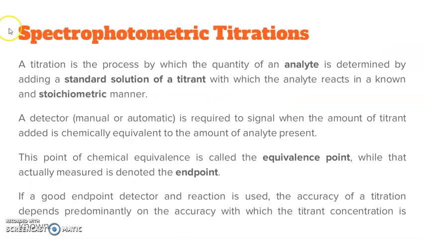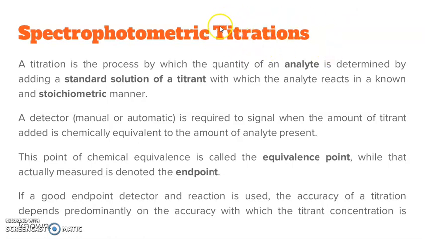So, talking about the spectrophotometric titrations, before I go into the detail, I would like to draw your attention to these two terms, that is the spectrophotometric and the titrations. It is in fact the fusion of two analytical methods.